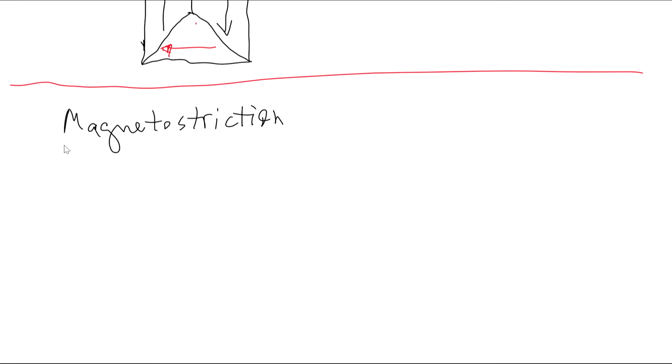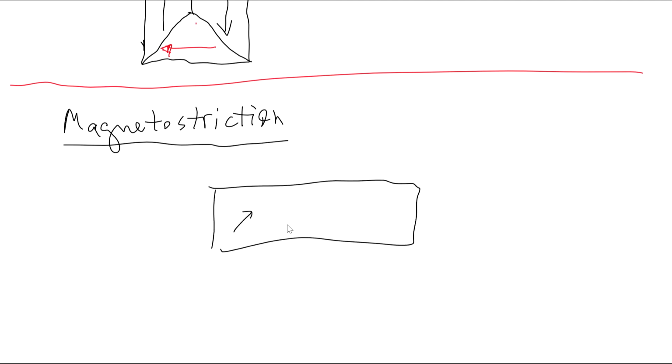It sounds like a different topic, but it's closely related. So now imagine that you have a material which has certain domains, and your magnetization is aligned like that. You can think of molecular magnetizations or domains, but if you remember, the material is typically aligned.